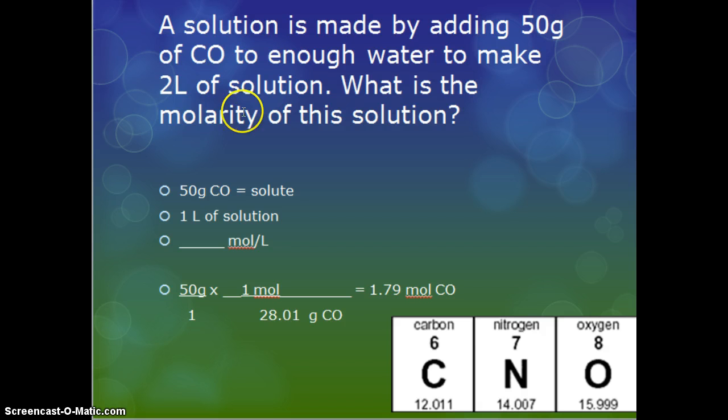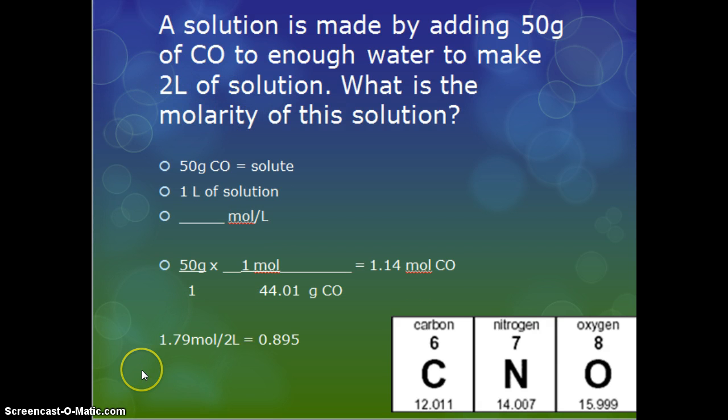What do we have to do? Divide it by our liters. So 1.79 moles divided by 2 liters equals 0.895. Alright, round that to hundredths. So think about money again. If I have 89 cents, a little bit more than 89 cents, add a penny, it would be 90 cents.